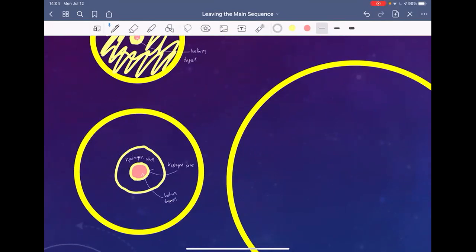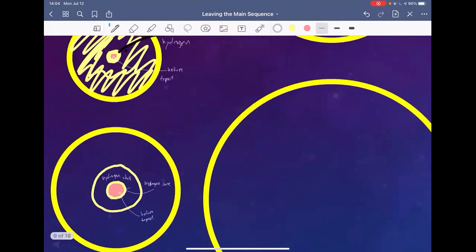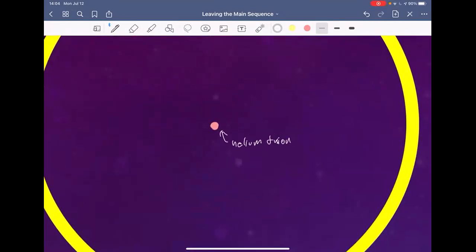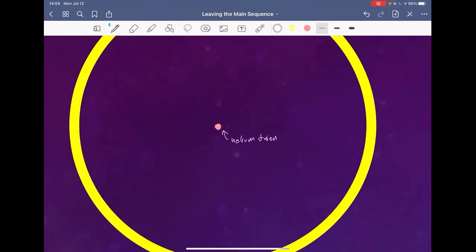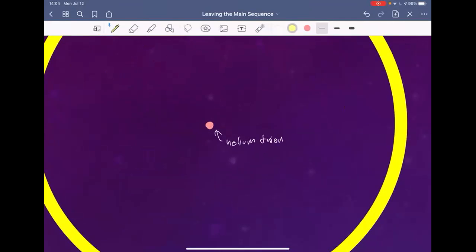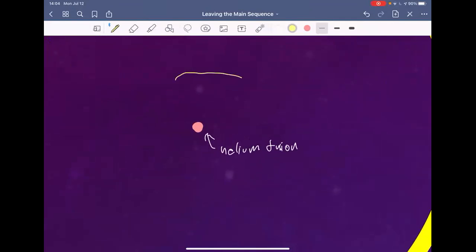Gravity causes the core to collapse and collapse and collapse, and as it collapses, it becomes hotter and hotter. Eventually, that helium that used to be in that deposit is now able to fuse. And now that helium is fusing, you still have that shell of hydrogen.